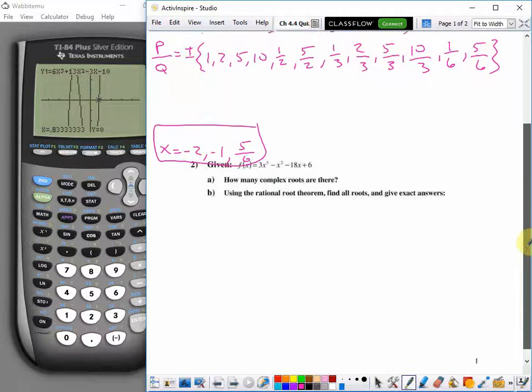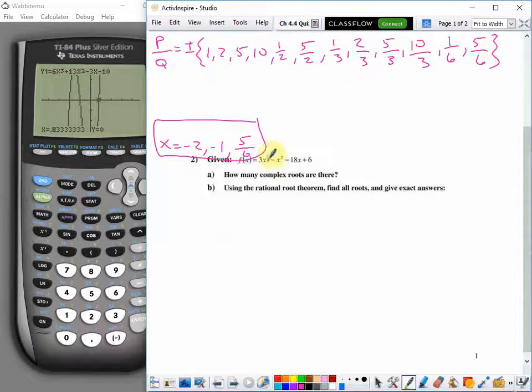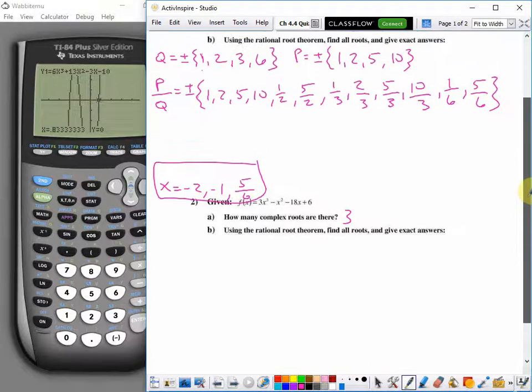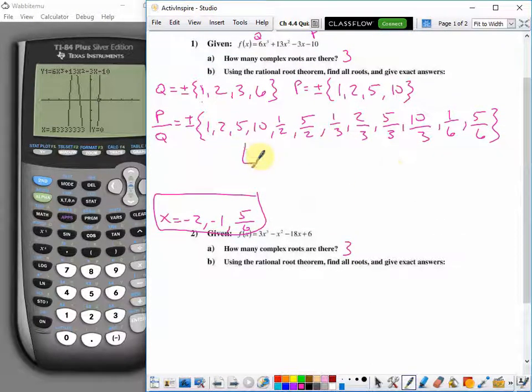So we can move on to number 2. This one also has a degree of 3, so there's going to be 3 roots. Now I should point out, this P over Q is a list of all possible, and I'm going to highlight possible here, rational roots.